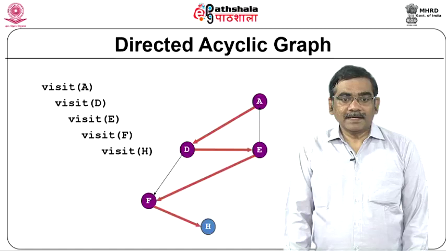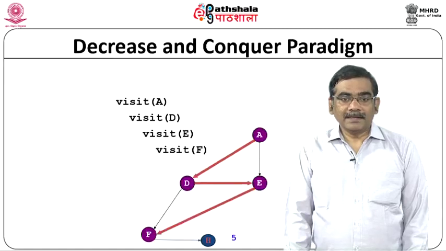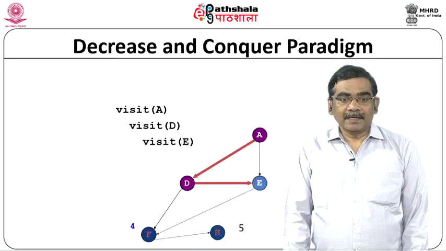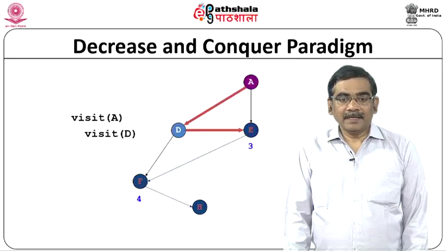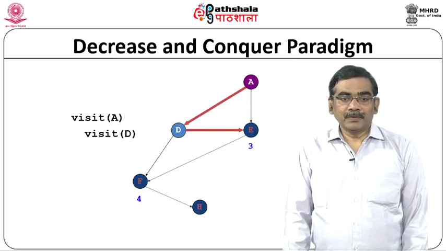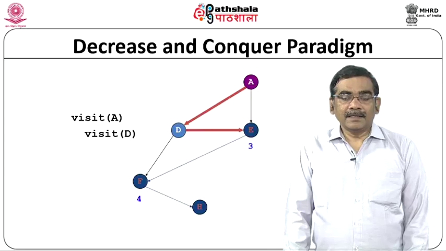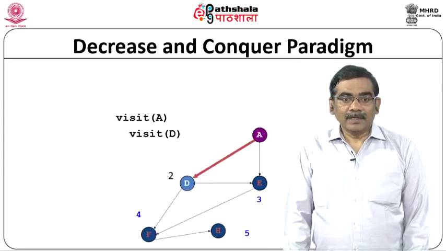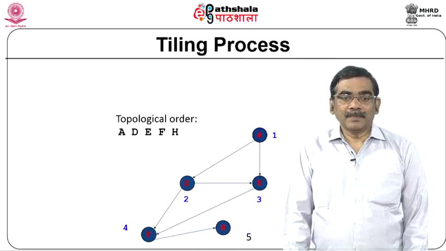Once I reach a dead end, I can number the node. So, I am assigning the number 5 to the node H. Then in the next step, I am assigning the number 4 to F. I visited F from E, so I am assigning number 3 to the node E, and E I visited from node D. Therefore, this is number 2, and finally, A is going to be number 1.